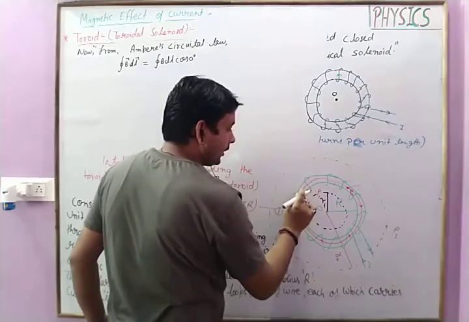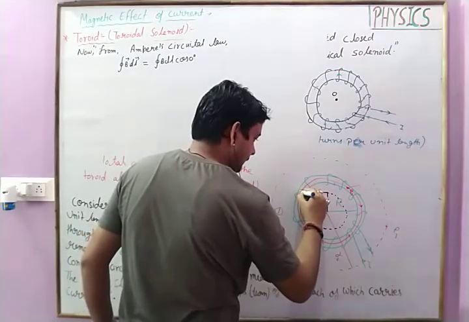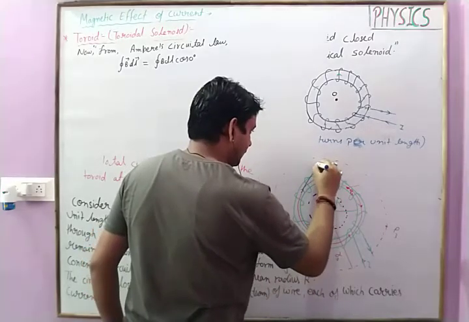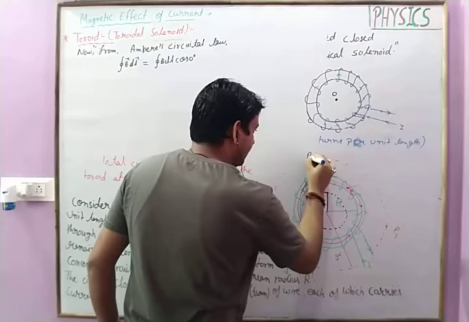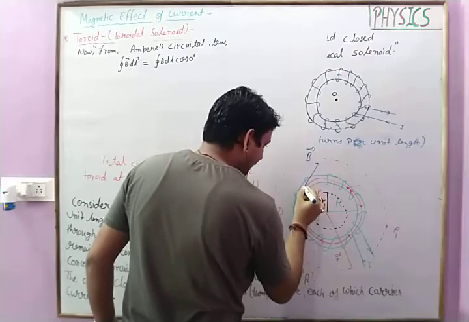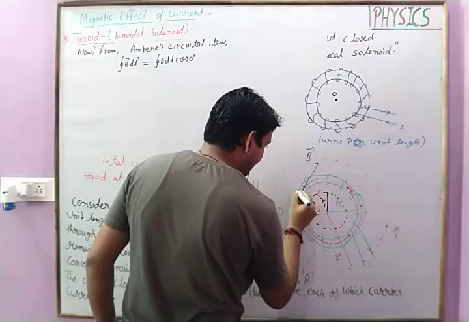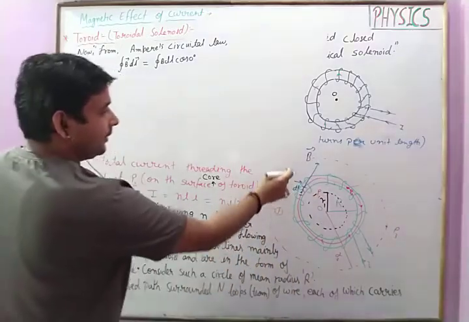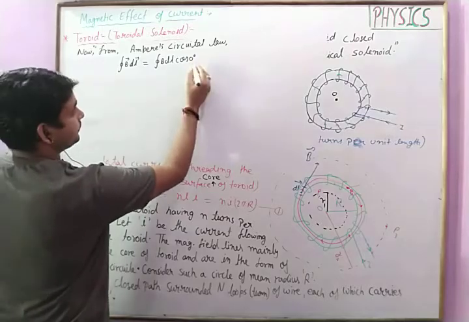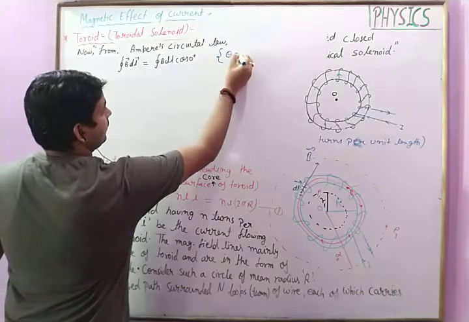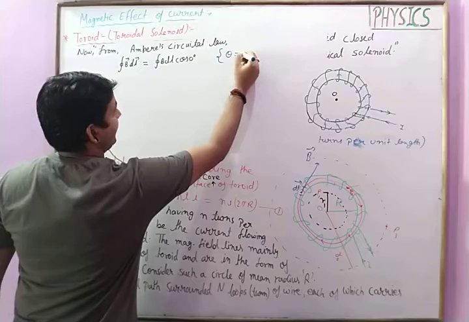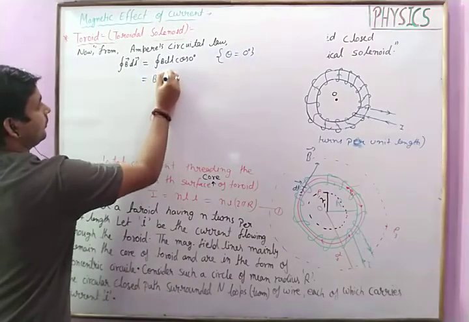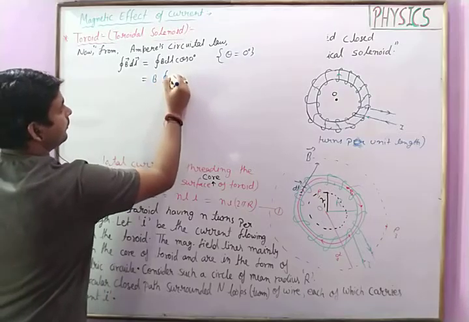On drawing a tangent to the magnetic field, it is observed that the magnetic field vector and the small current element dl are in the same direction, then the angle between the magnetic field and the current element vector is 0 degree. Therefore we get B dl.